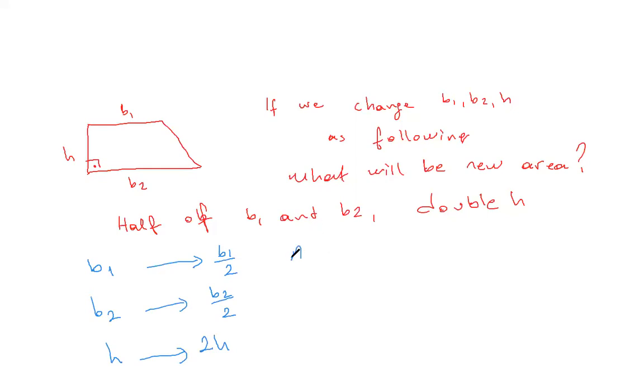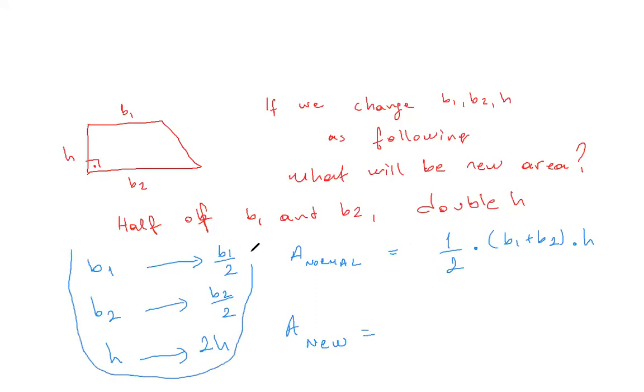So the area, normal area without change, is 1 over 2 times B1 plus B2 times H. This is the formula. It is given. Also, you can memorize. Area new, after doing this modification, is 1 over 2 times B1 and B2.